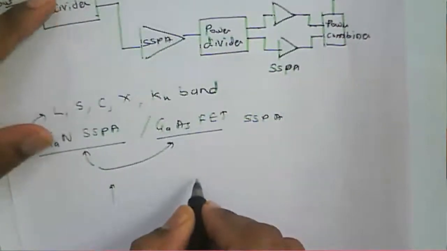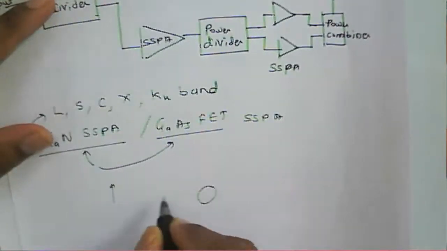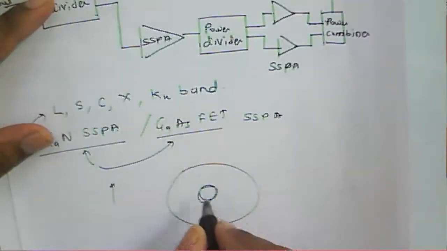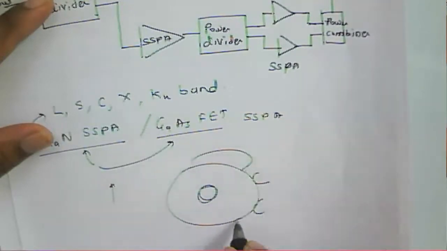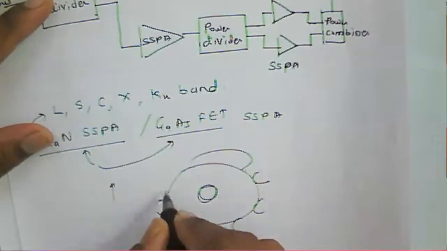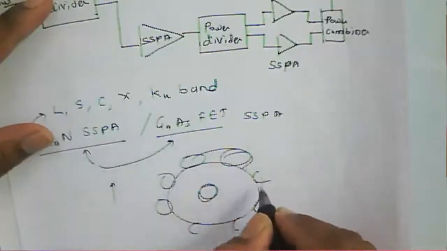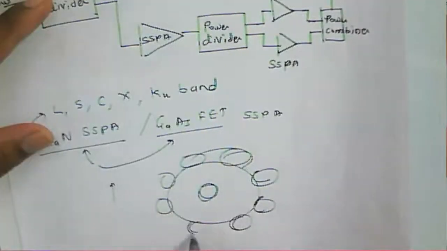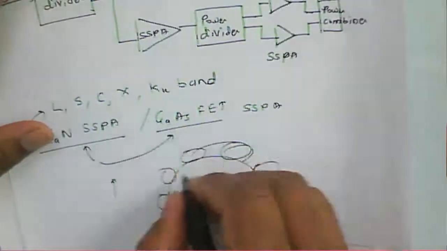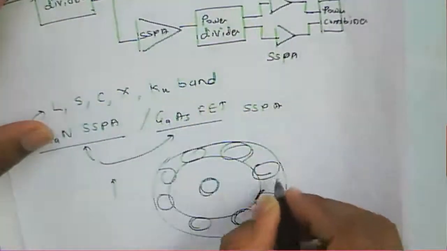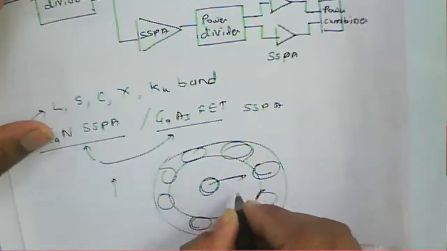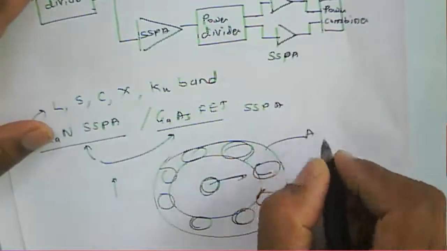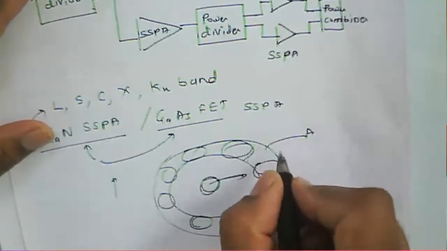This one is the cathode and this has the anode, and the anode structure is likewise, so that we can focus the electrons. This is a cross field tube like structure. Electrons emitted from the cathode collide here, and then we get the amplified output.